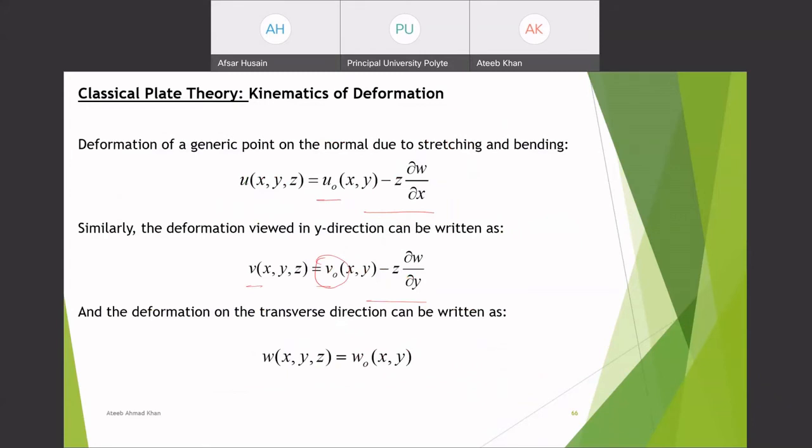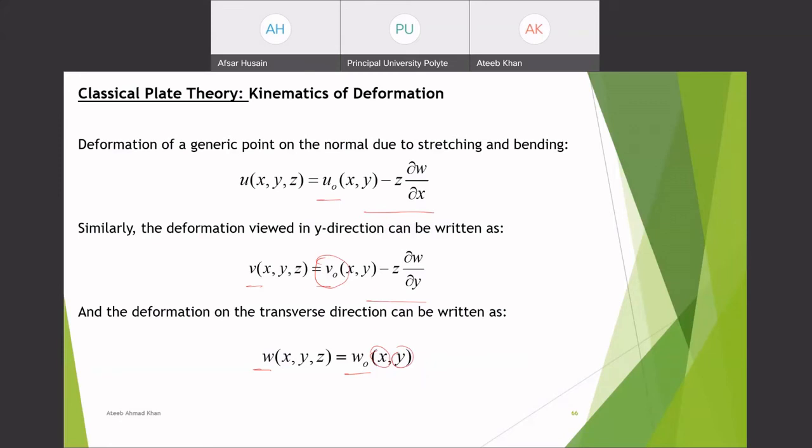And lastly, the deformation in the Z direction, which we are calling W, will be equal to W naught. Again, this is a function of X and Y coordinates and not Z, because there isn't any elongation in the Z direction. The transverse normal needs to be of the same height before and after bending.